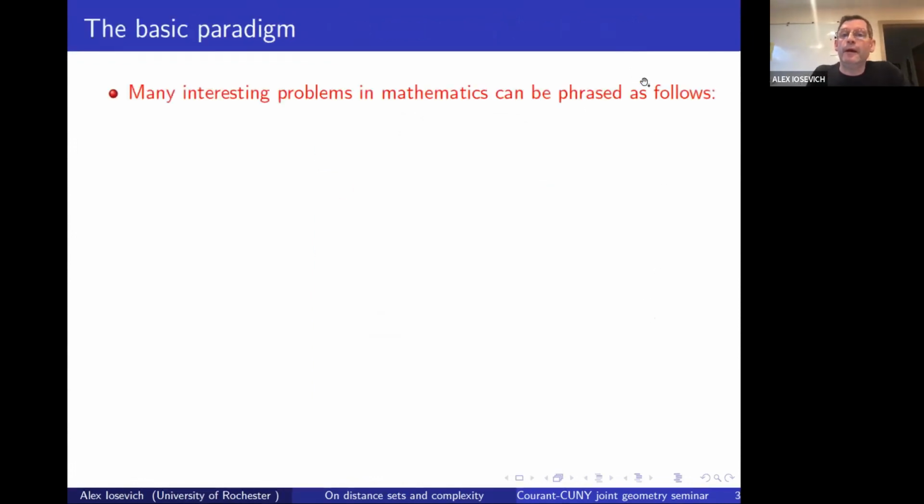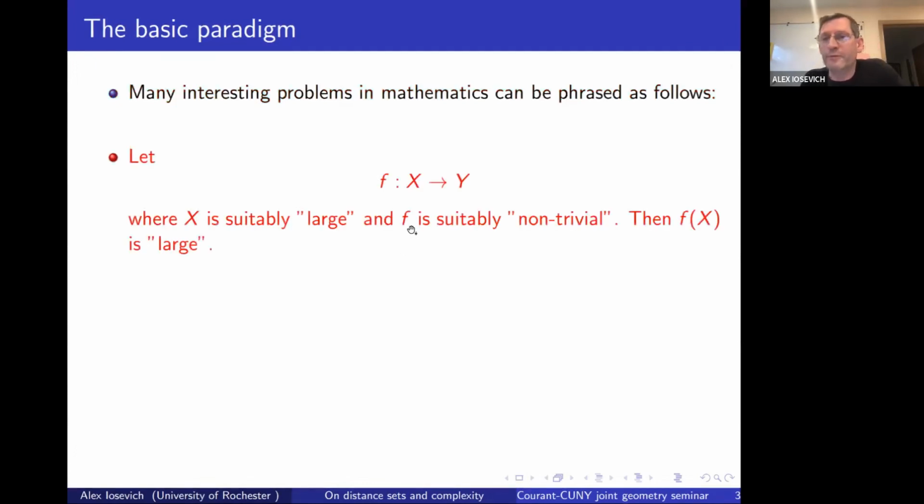Here's a general overview about how I think about these types of problems. There are many problems in mathematics that can be described in very broad strokes from the following point of view. You have a function from a suitably large space to another space, and this function is suitably non-trivial. Then the image is large.